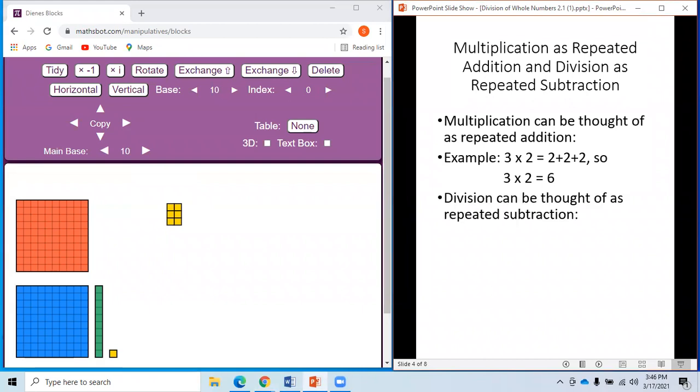Division can be thought of as repeated subtraction. So if I have my 6 and I can subtract 2, I have 4 left and I can subtract another 2.